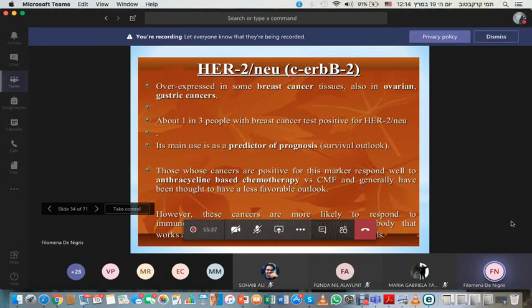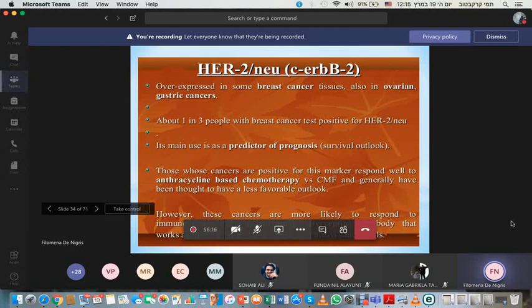If they overexpress it, are positive to this receptor, they can be treated with a specific immunodrug, an antibody able to block the signal transduction of this receptor and at least reduce the tumor mass, and then the patient can be treated with surgery.